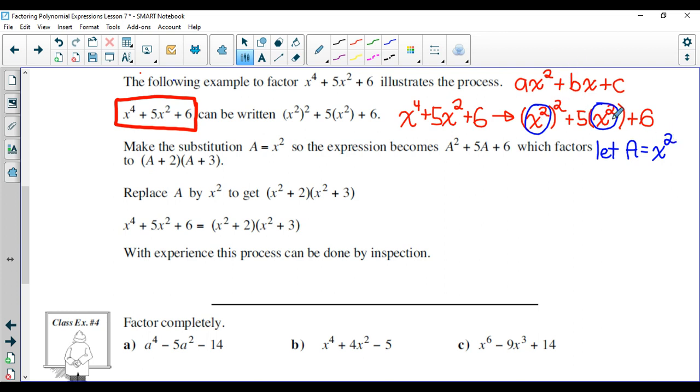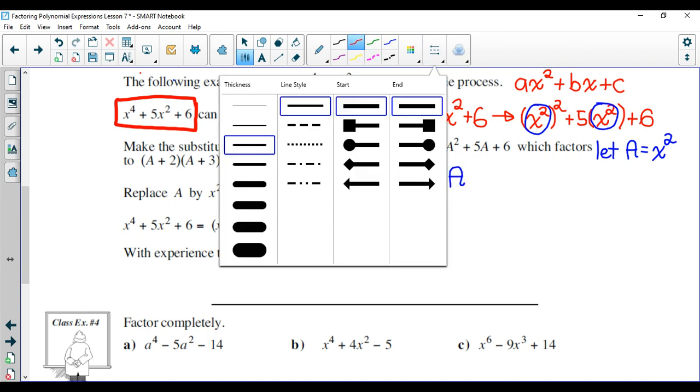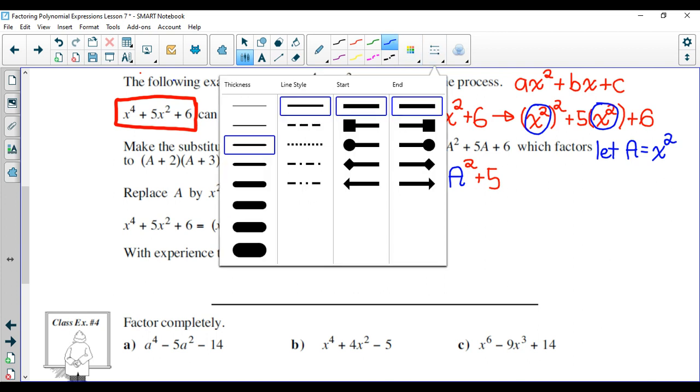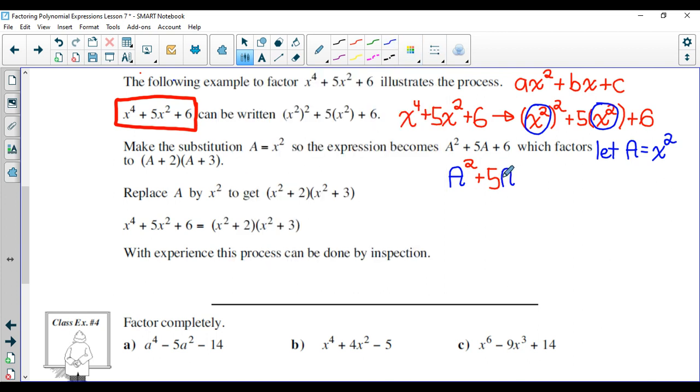If I replace x squared with A, I would then have A squared plus 5A, and then plus 6.